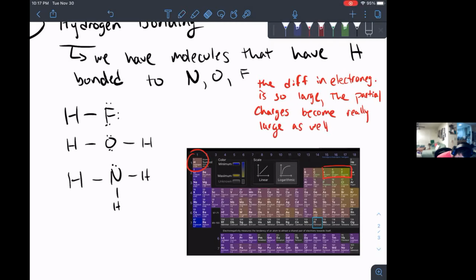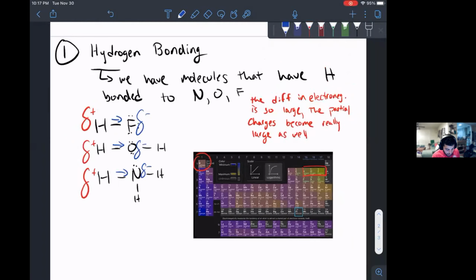Basically, all I'm saying right here is that because the electrons are pulled so violently towards the more electronegative atom, we get a really large partial positive on the hydrogen and a really large partial negative on these other elements.